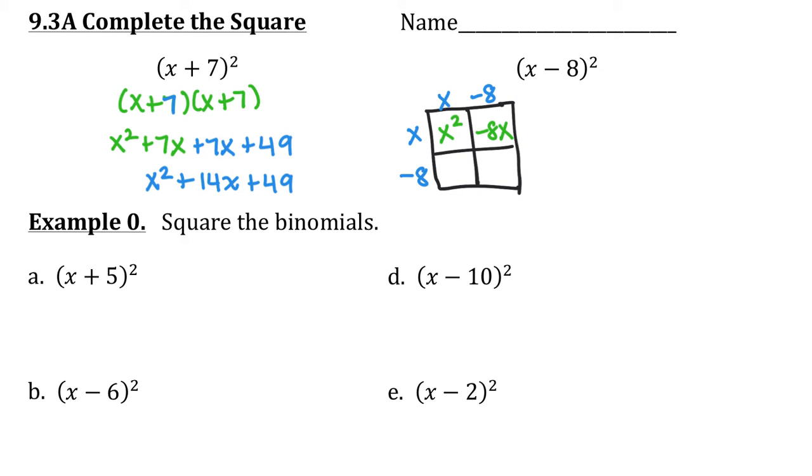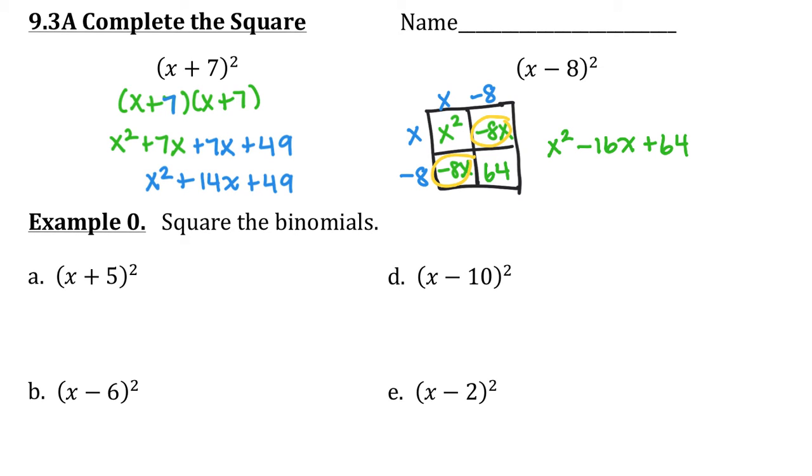Negative 8 times x, negative 8x. Negative 8 times negative 8 is 64. And then when I write the trinomial, that is my answer. I have x to the second. If I do minus 8x minus another 8x, I get minus 16x. And then I put the positive 64 at the end.